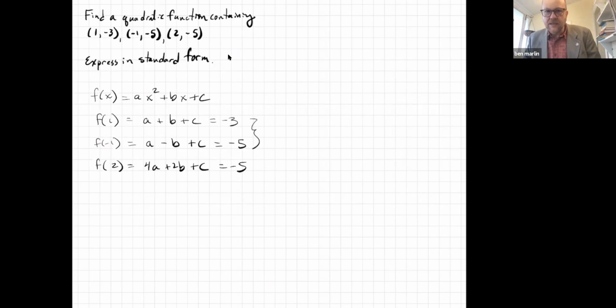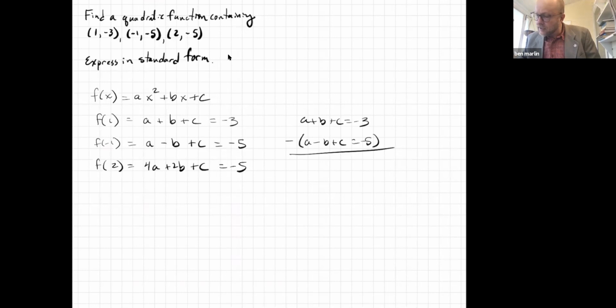If we take these 2 equations here, and we subtract them from each other. So I'm going to take a plus b plus c equals -3, and I'm going to subtract a minus b plus c equals -5.